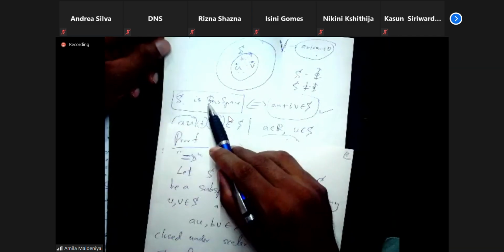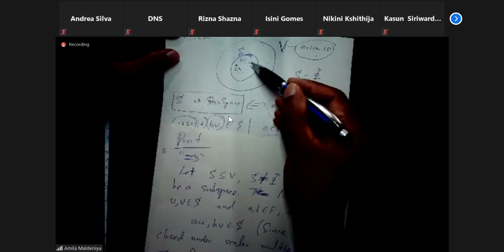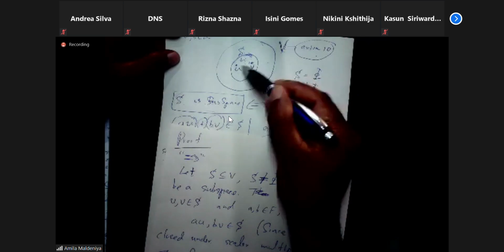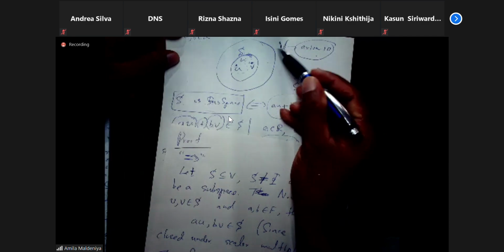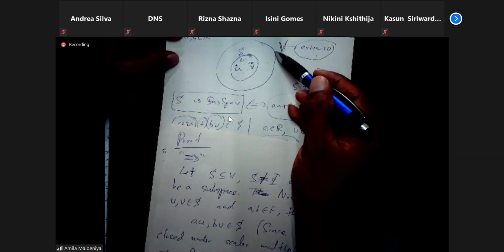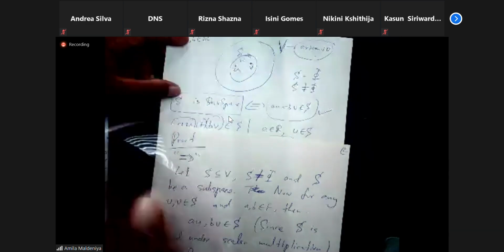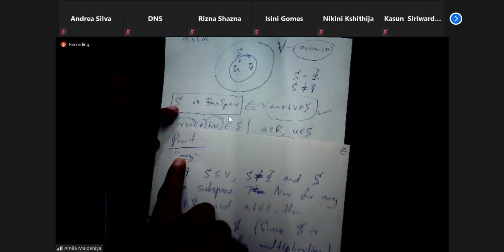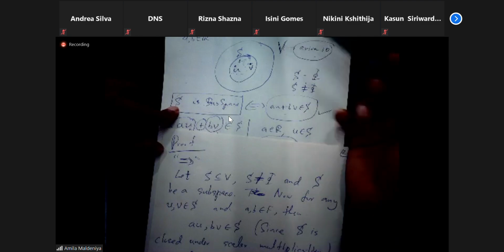Now, what this means: we want to prove S is a subspace. That means S satisfies all the 10 axioms, right? So if you take any element in S, automatically those elements are in V. But we already know V is a vector space, therefore it satisfies the 10 axioms. So some of the axioms we need to prove in S will automatically be true because V is a vector space, but some of the things are not true.